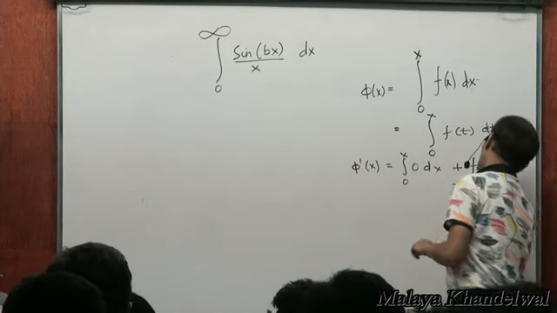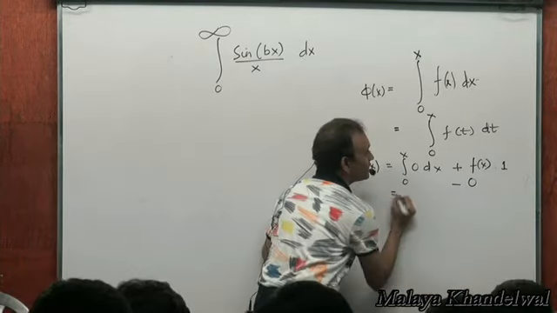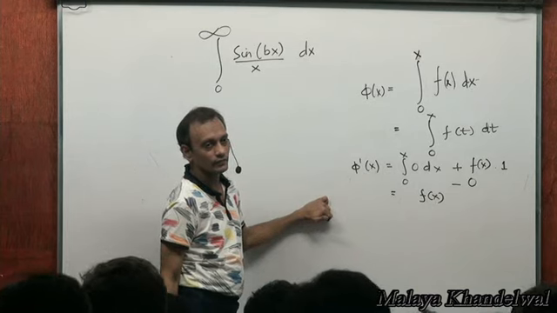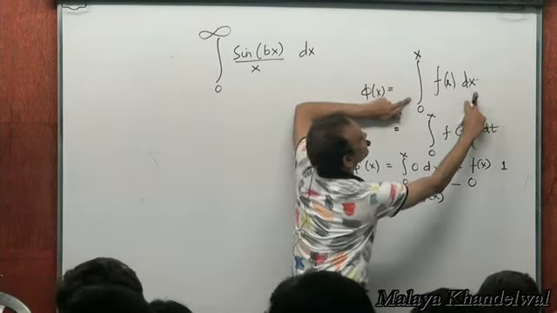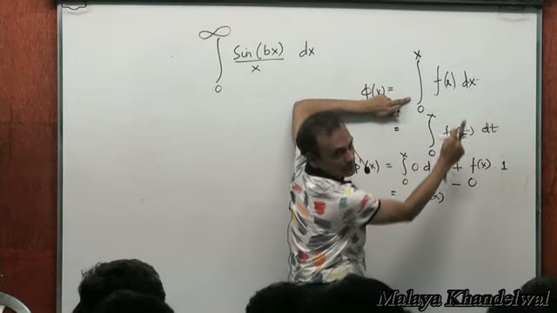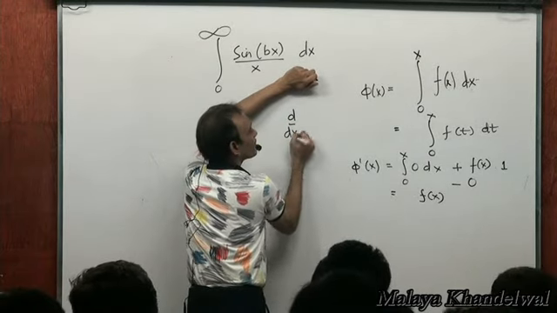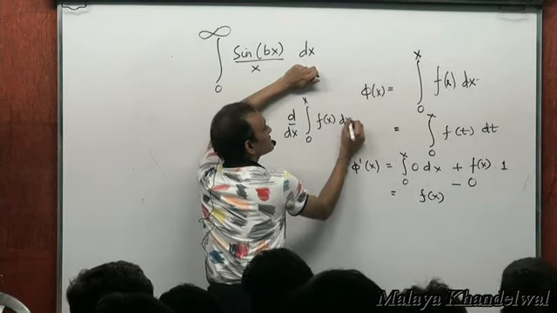So then this turns out to be f(x). So which means if I differentiate this with respect to x, I'll get f(x). That means d/dx of the integral from 0 to x of f(x) dx is f(x).